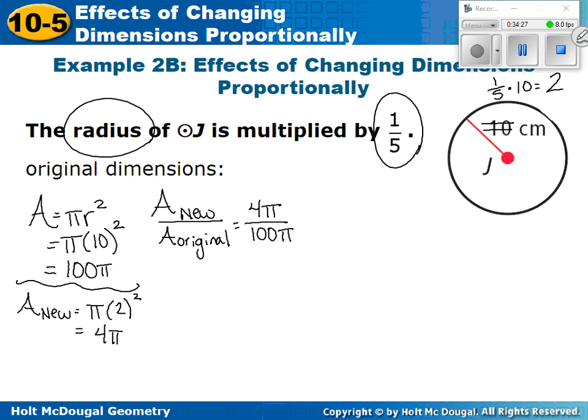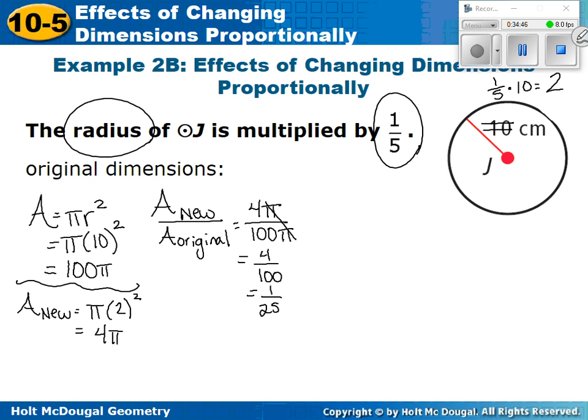What happens to those pi's, first of all? They just cancel out. So what we're really asking is, what is 4 over 100? 1/25. And again, you can take your calculator, just if it gives you a decimal, put it back as a fraction. So the area was multiplied by 1/25.